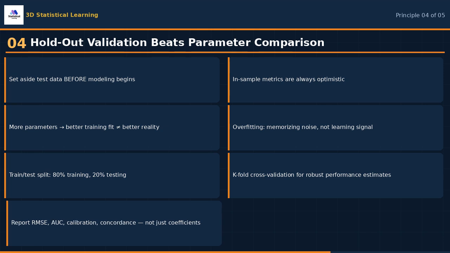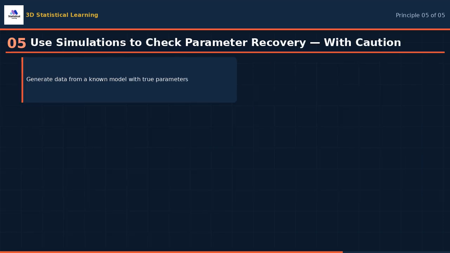Report root mean squared error for continuous outcomes, area under the ROC curve for binary classification, calibration plots for probability models, and the concordance statistic for survival models. Comparing model coefficients without considering out-of-sample performance is an incomplete and often misleading analysis.